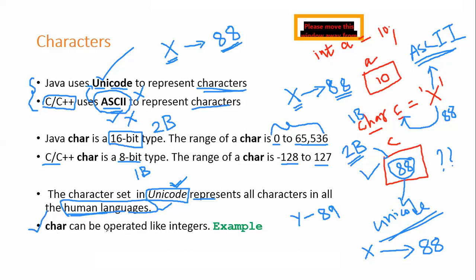Now this is also very, very important: a character can be operated on like an integer. For example, let me declare a variable char c = 'X'. Since it's a character, I should place it in single quotes.